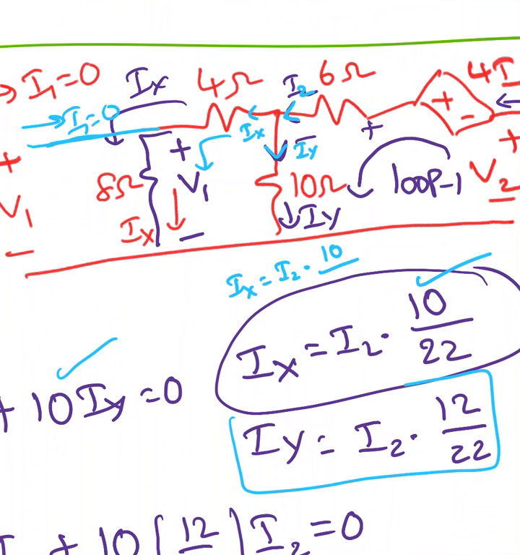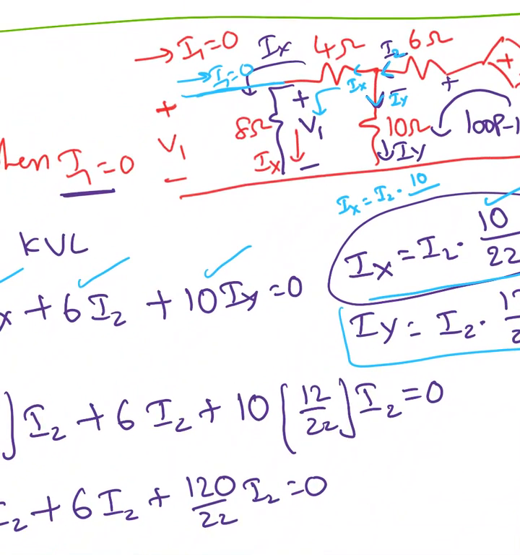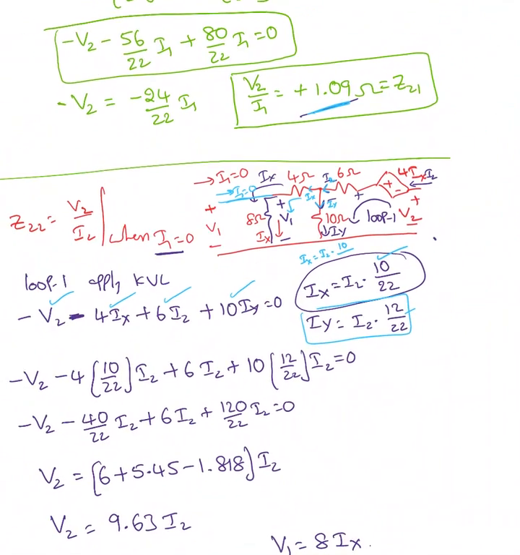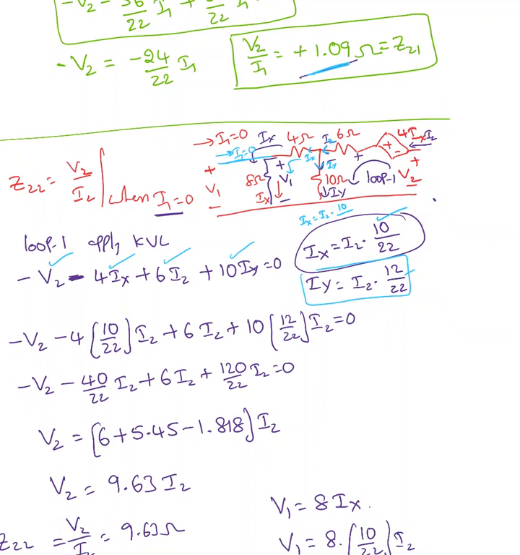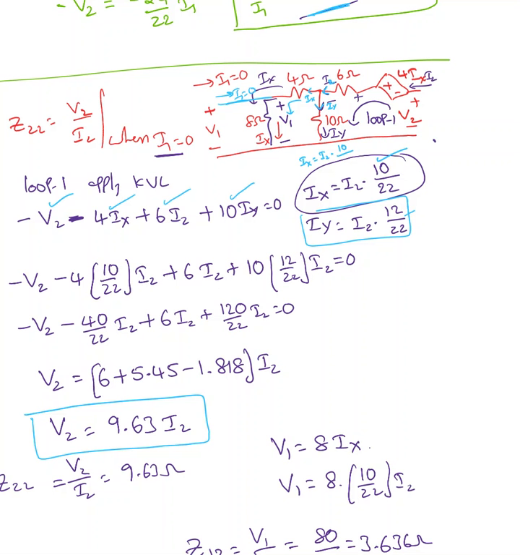Iy equal to I2 times opposite, which is 12, divided by 22. Once I have Ix and Iy, I substituted those into the loop 1 equation. I end up finding the relation between V2 and I2, which is 9.63. So Z22 equal to 9.63.